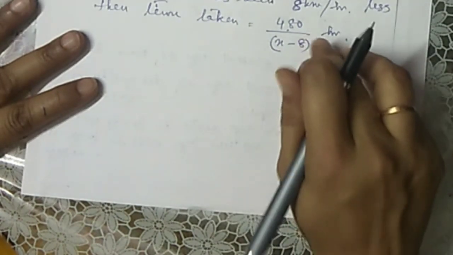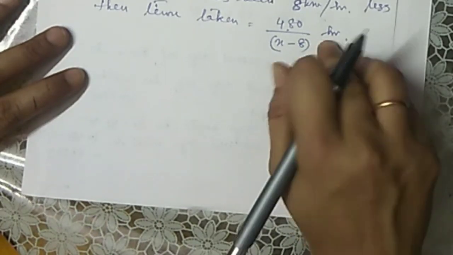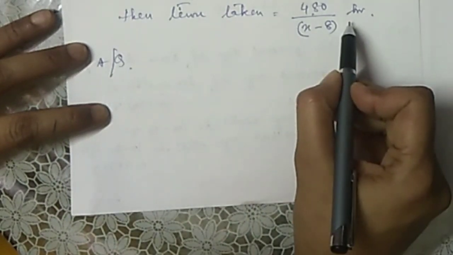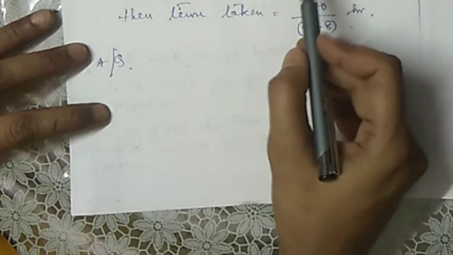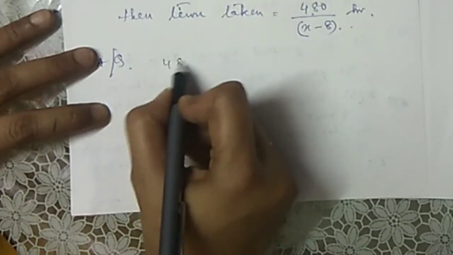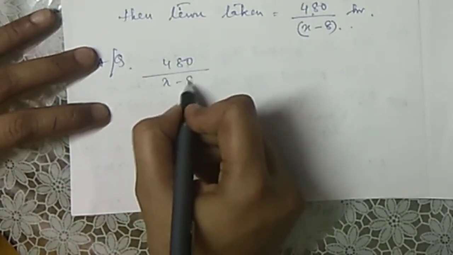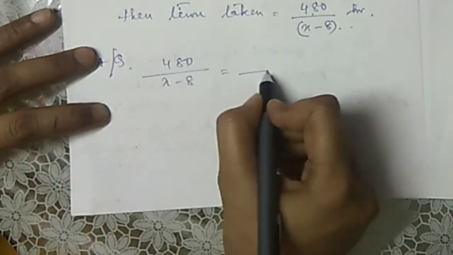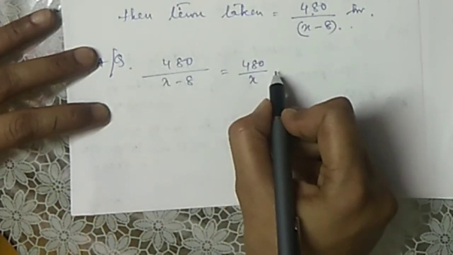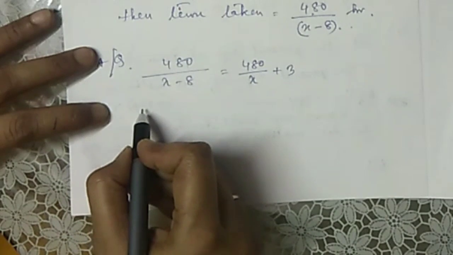That means it has taken more time. So, while forming the equation, either you subtract 3 from this to make it equal to that, or you add 3 to that to make it equal to this. Already this time is more, so with the original time we will add 3.